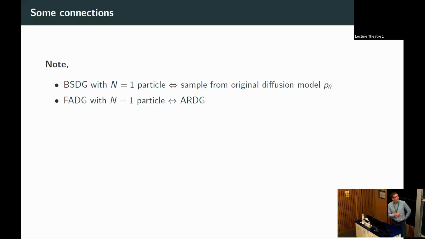In particular, if I take the bootstrap version with 1 particle, that will be equal to just simulating from the original diffusion model or autoregressive model. And the hope is that that in itself is okay, and we can then use this to boost the performance further. Similarly, the fully adapted implementation of the SMC algorithm with 1 particle reduces to this first algorithm that I mentioned, the RTG.